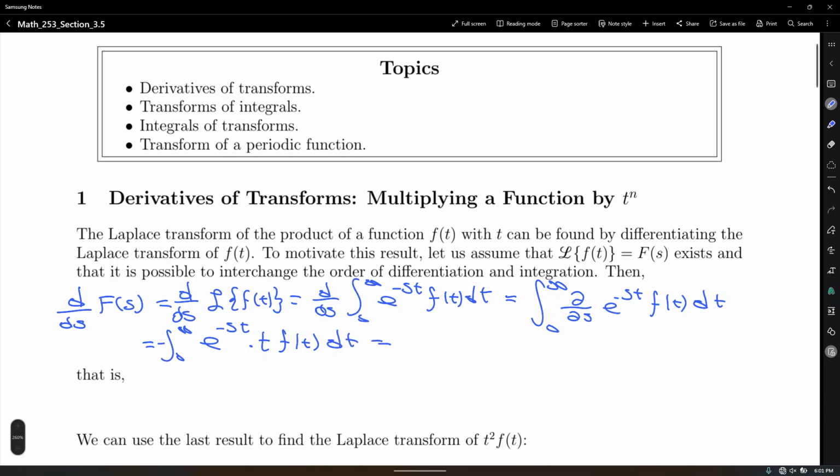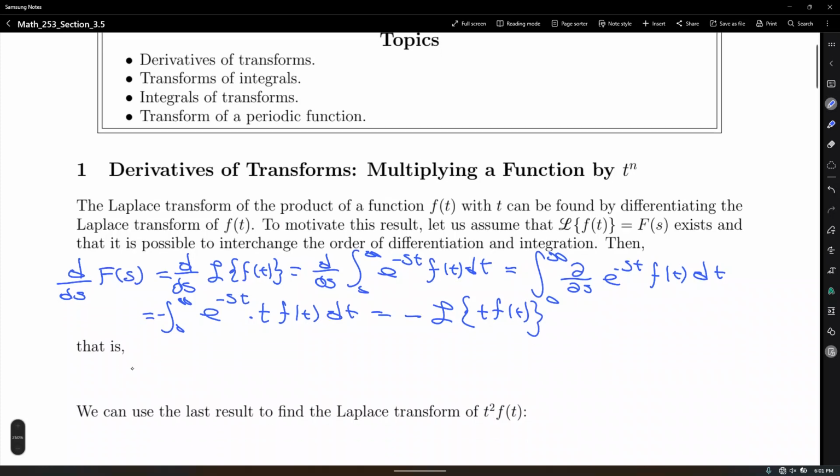So what is this really equal to? This is negative the Laplace transform of t times f of t.